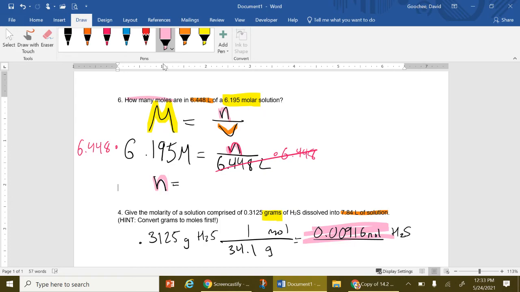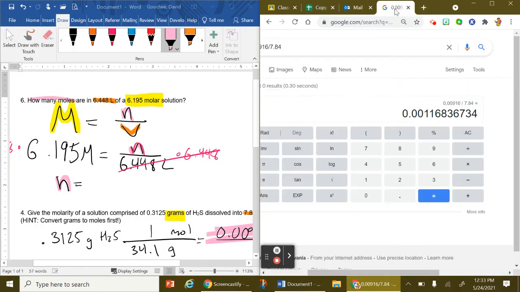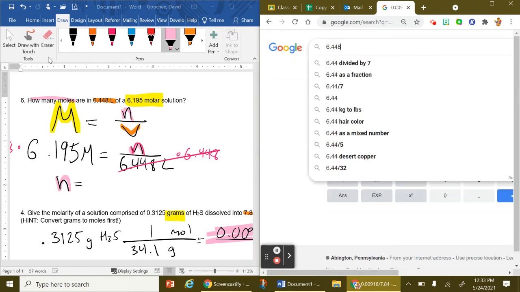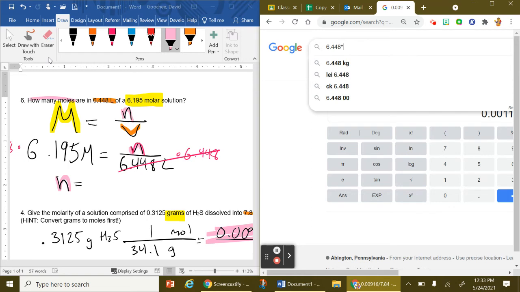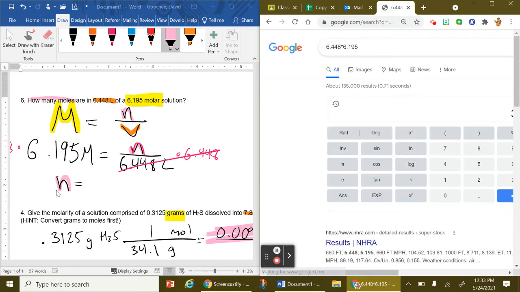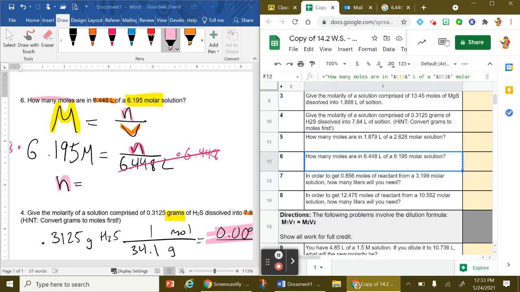6.448 times 6.195. So we got 6.448 times 6.195. And we get 39.94. Okay, so 39.9.